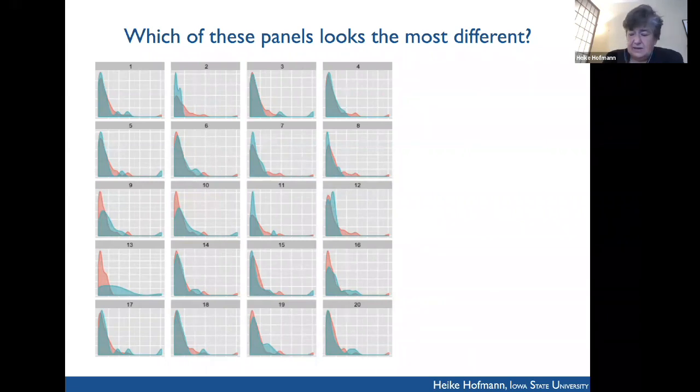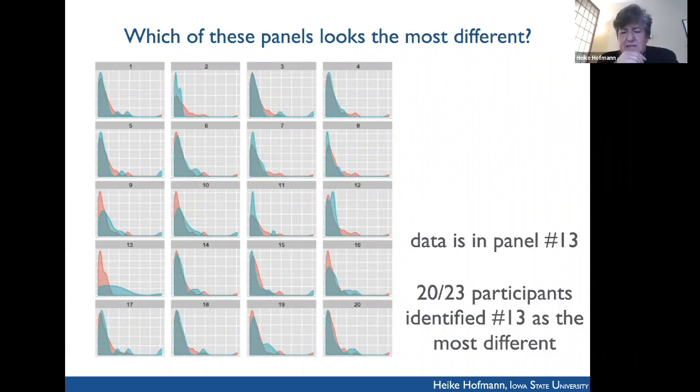And in this setting, I hope that you agree with me that number 13 looks a bit different from the rest. We showed this to, I think, 23 participants. 20 of them identified number 13 as the most different, and the data is actually shown in panel number 13.